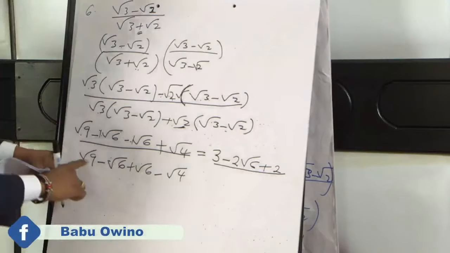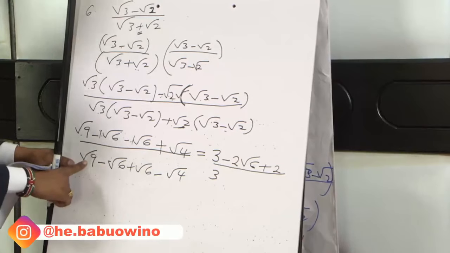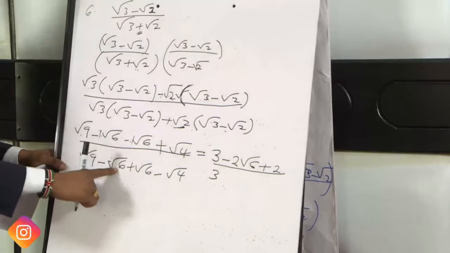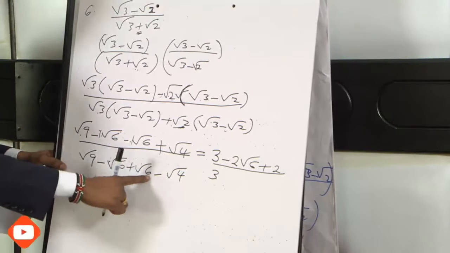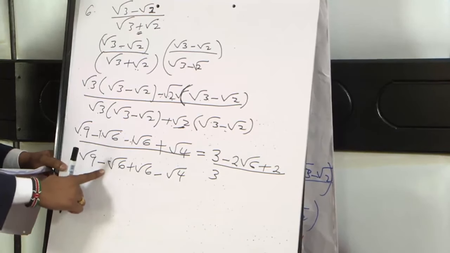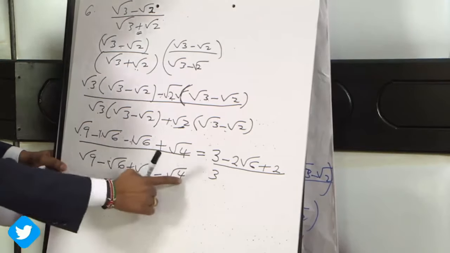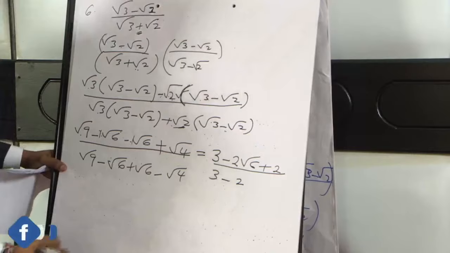Divide by root 9, which is 3. Then minus root 6 plus root 6 is 0, so we don't write the 0. Then we have minus root 4. Root 4 is 2, so it is minus 2.